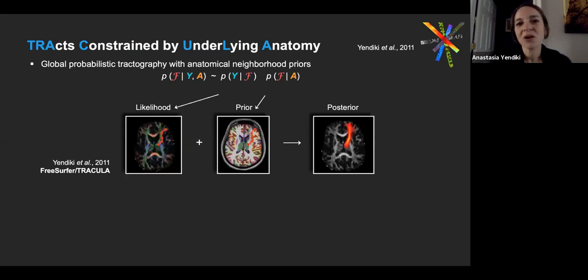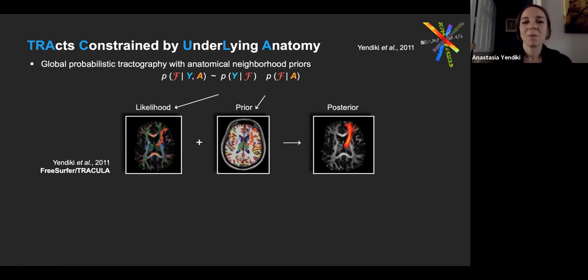Our approach for reconstructing these tracts of interest is a Bayesian framework that combines a term that tries to fit the shape of the tracts to the diffusion orientations from the subject's diffusion data. This is the likelihood term over here on the left, as well as a term that tries to fit the shape of the tracts to prior anatomical information from the anatomical literature on the neighboring structures of these tracts.